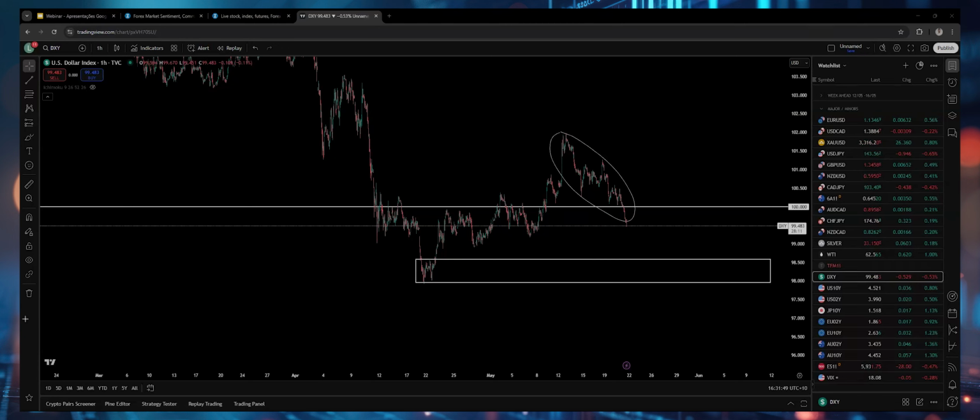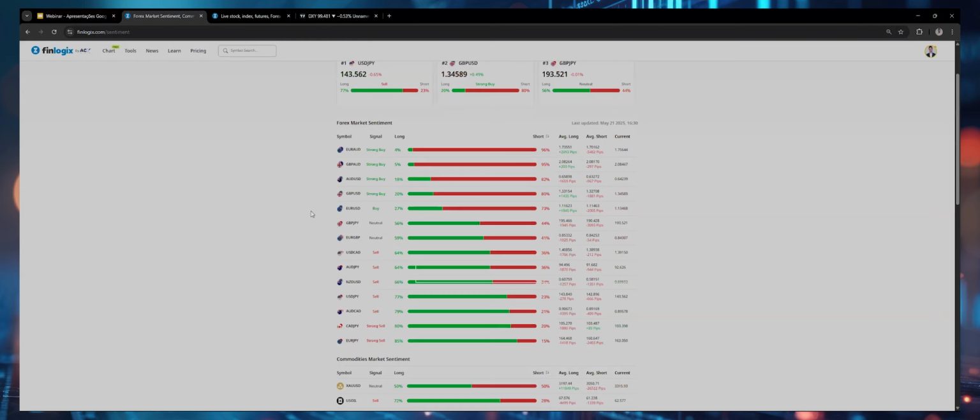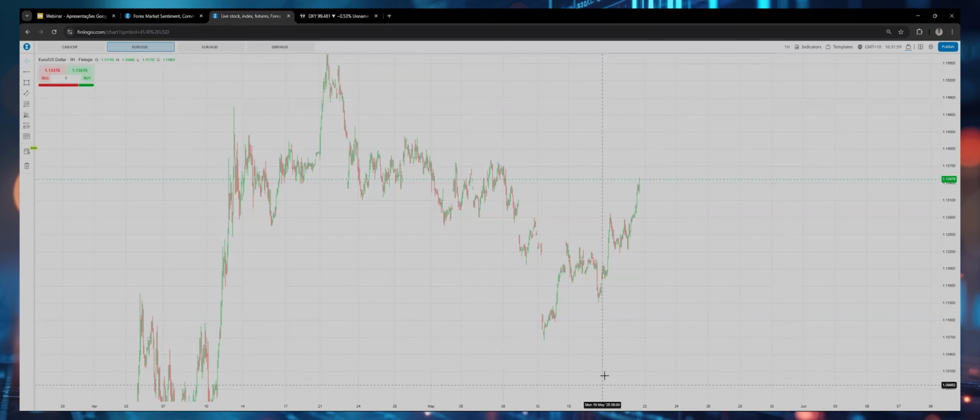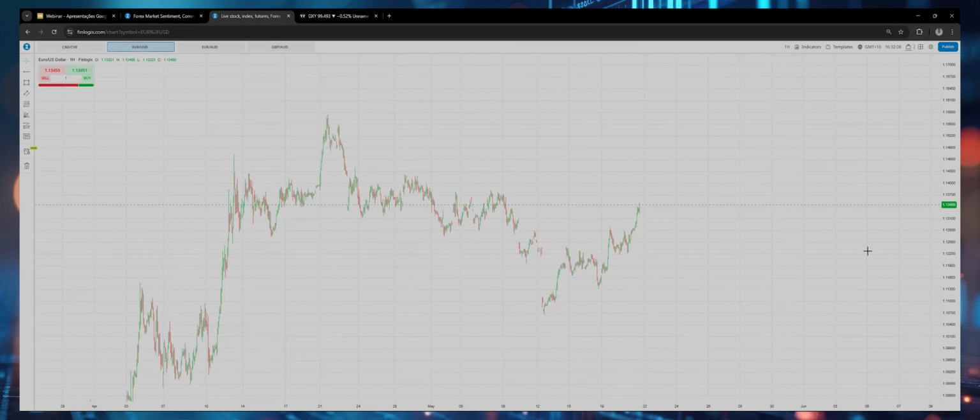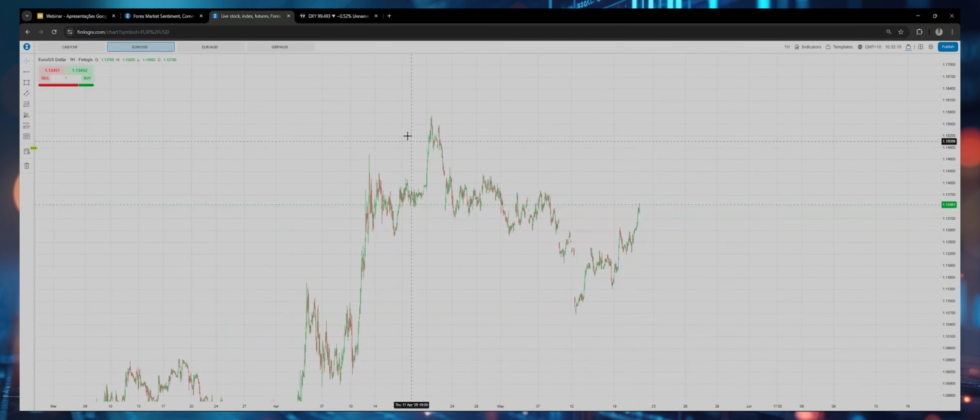That's where we could potentially be looking at the market coming back. And those who have been with me for a while know that EURUSD is basically the opposite of whatever DXY is doing. So I do expect EURUSD to come back above those levels here. All right, cool.